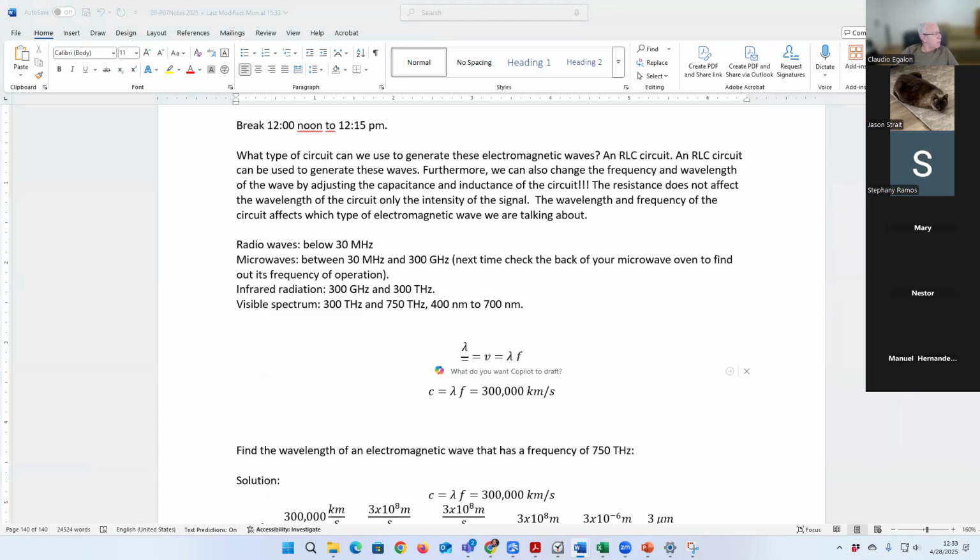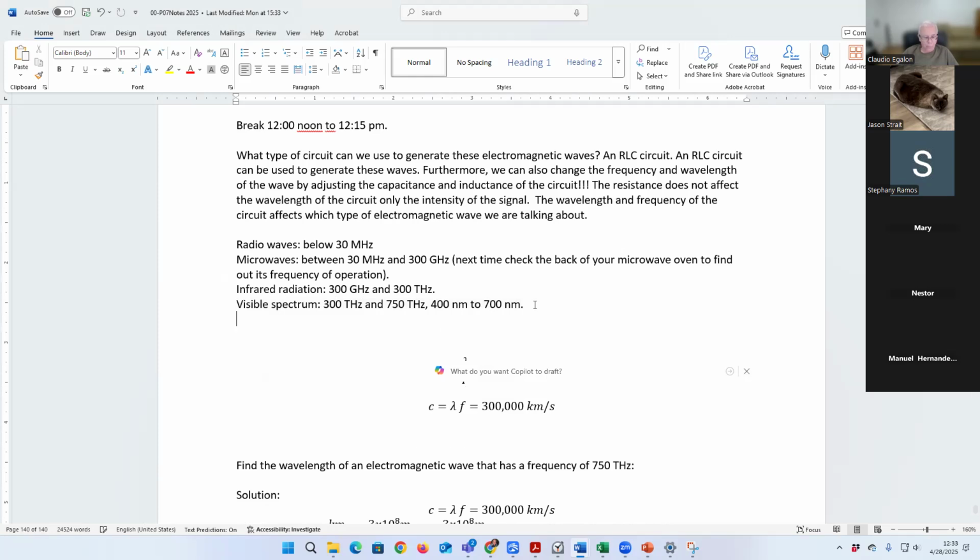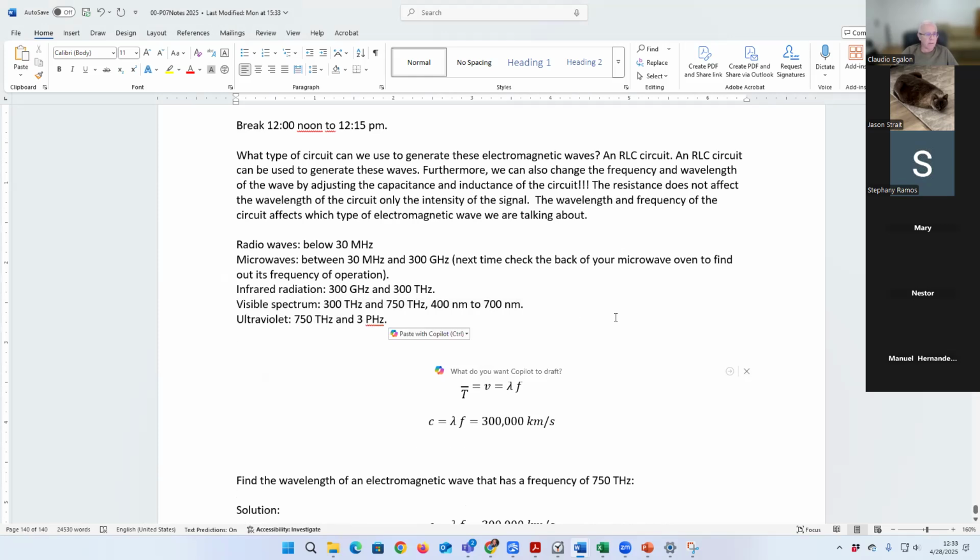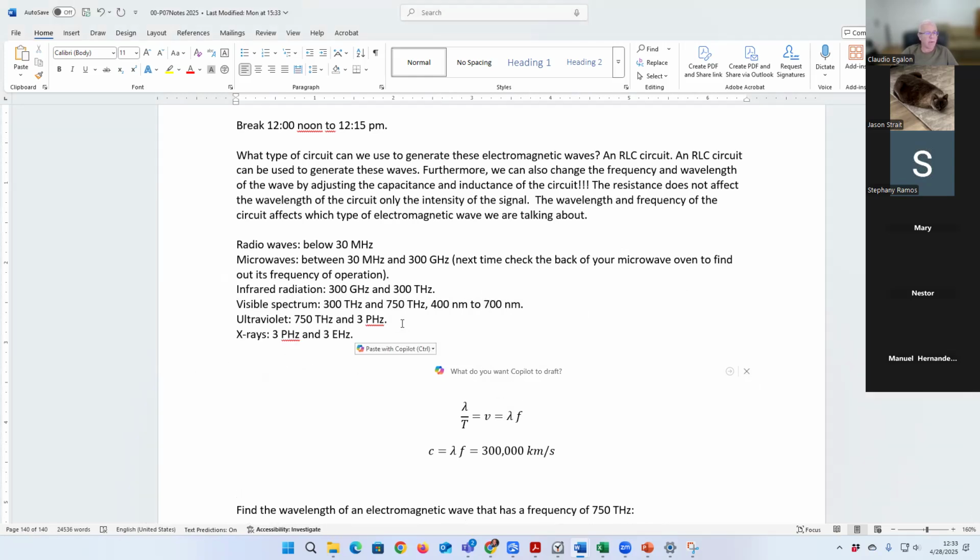Okay, what else do we have? Ultraviolet. Ultraviolet radiation. Above 700 nanometers. Between 750 terahertz and 3 pentahertz. X-ray. X-ray is also an electromagnetic wave between 3 pentahertz and hectohertz, right?